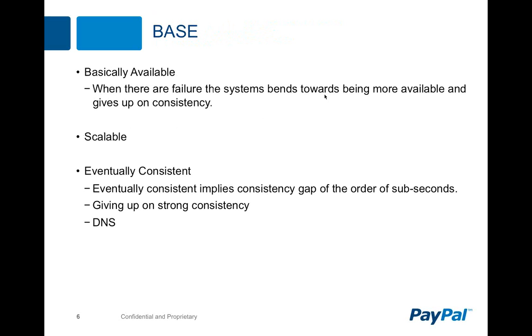What this CAP theorem eventually implies, especially when you're building a web-based system, is something we call BASE. This is not a very clear classic programming paradigm, but this is where systems tend to be today. What BASE literally stands for is: the system is basically available, it's scalable, and it's eventually consistent.